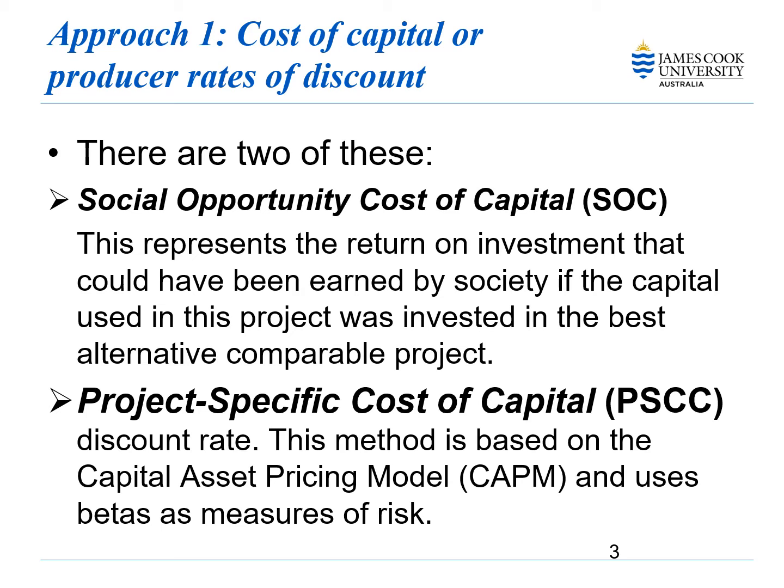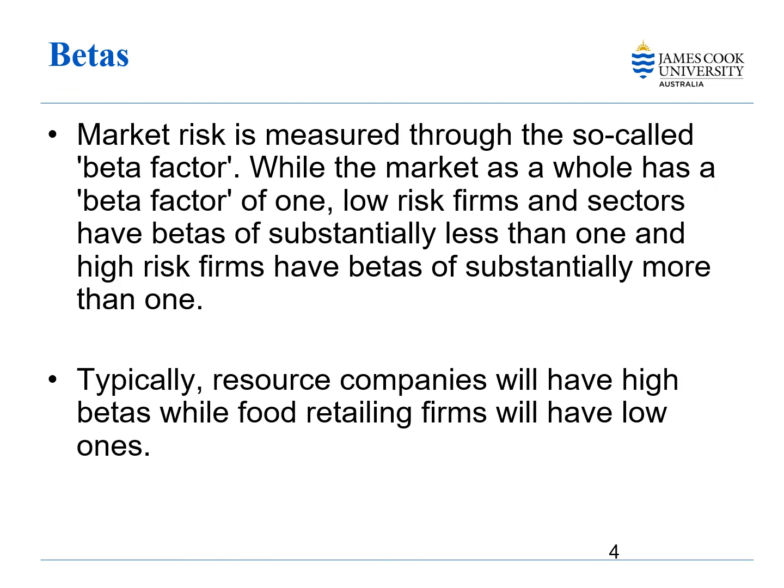The market is efficient. It has diversified away all idiosyncratic risks. The risk that cannot be diversified is called systematic risk. Market risk is measured through the so-called beta factors. So the market itself has a beta of 1.